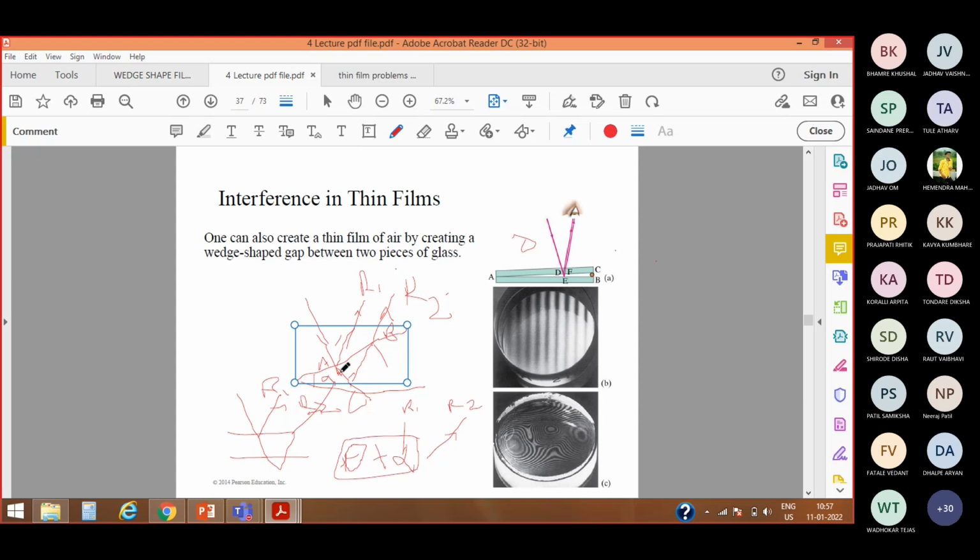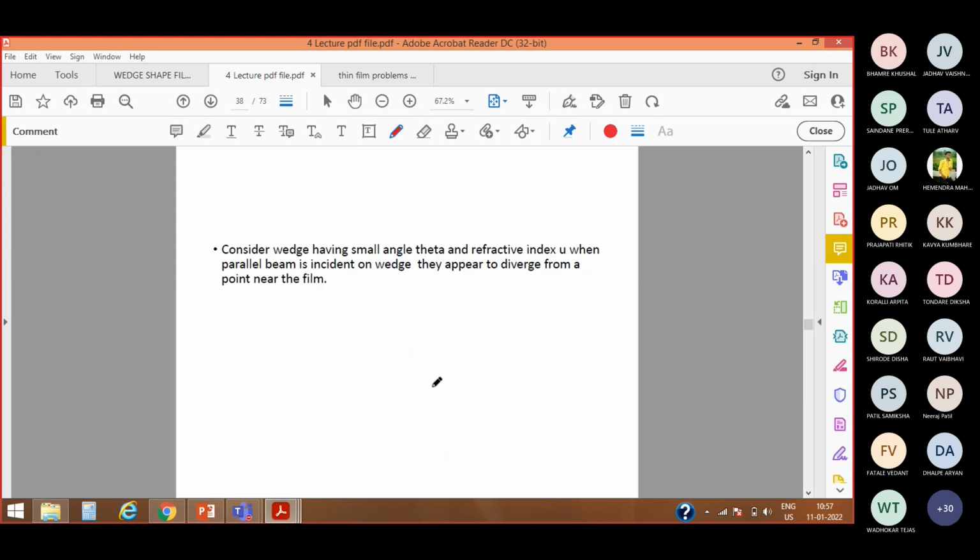The angle of reflection at point C is theta plus alpha. Such kind of fringes you get if you see from the top in case of a wedge-shaped thin film. So this is the formation of these fringes. Such a pattern you will see in case of a wedge-shaped thin film.